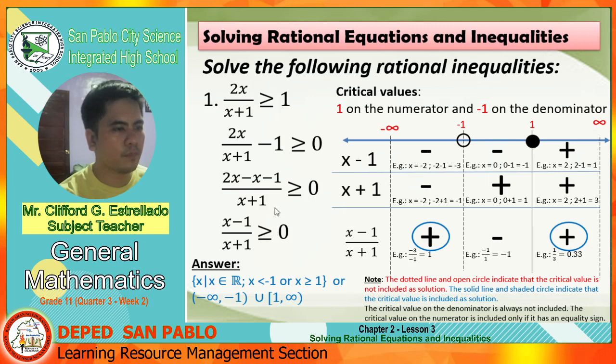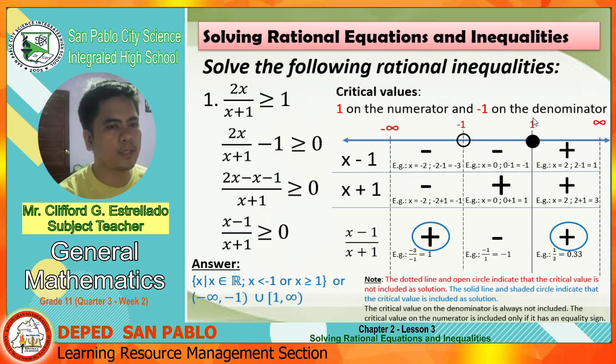It comes from our numerator, x minus 1. So here, for the critical value 1, we use a solid line and a shaded circle. The shaded circle indicates that the critical value is included as a solution.